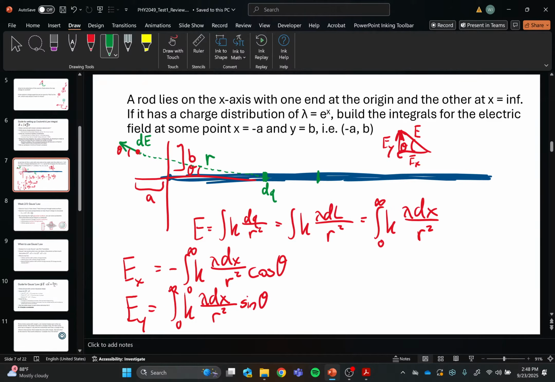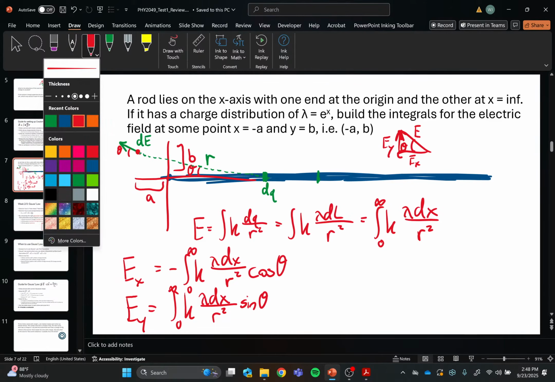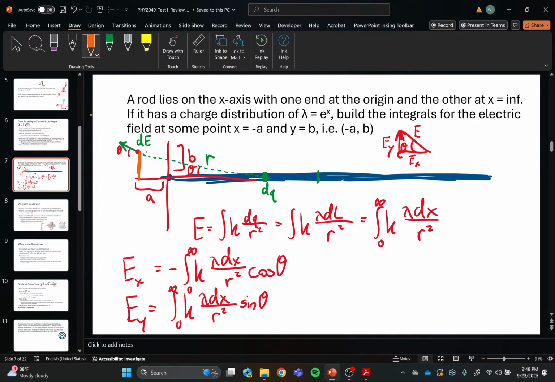Now you can see it depends upon x. It's not a constant. Remember, we are measuring at a point. It's either x over r or a over r. If x was 0, it would be a. Does that make sense?